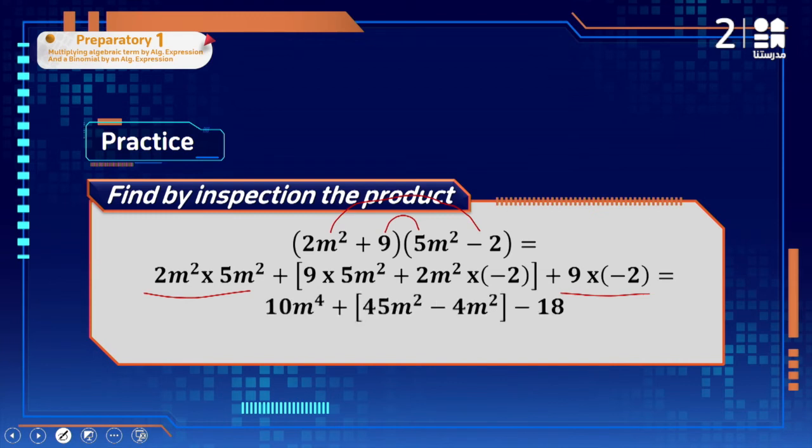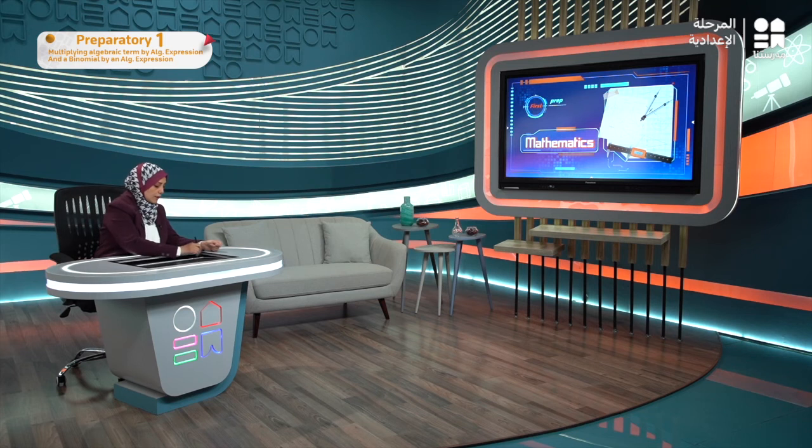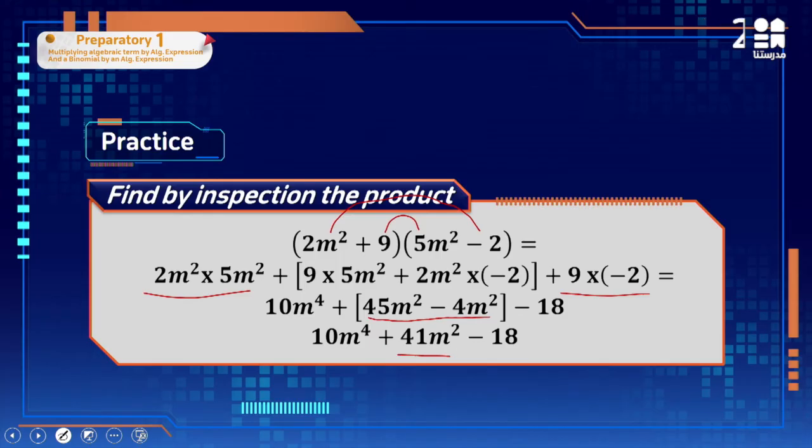And 2m squared times negative 2, it's negative 4m squared. And then simplify the middle term. 45m squared minus 4m squared is equal to 41m squared. So the final answer is 10m to the power of 4 plus 41m squared minus 18.